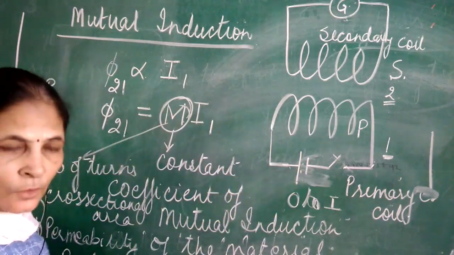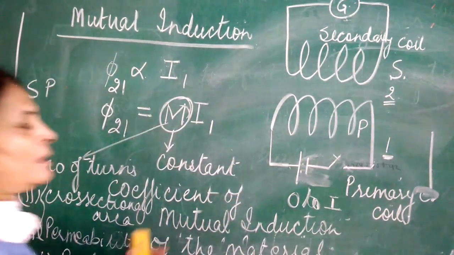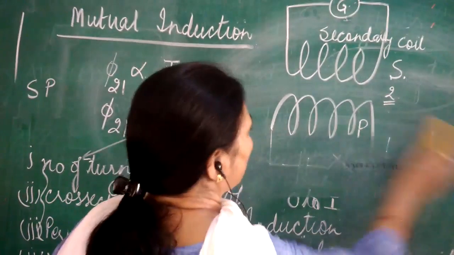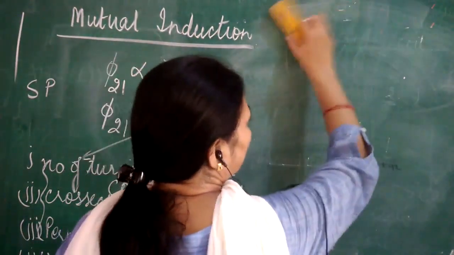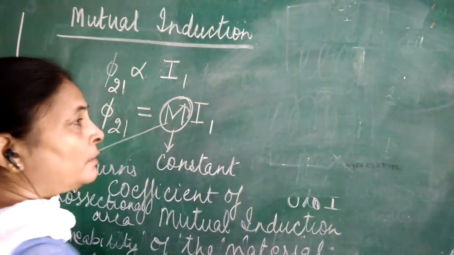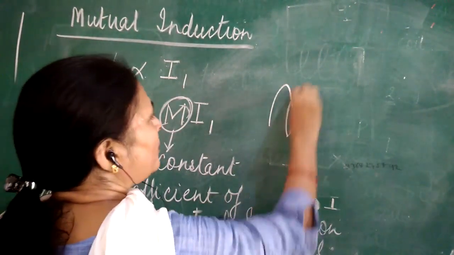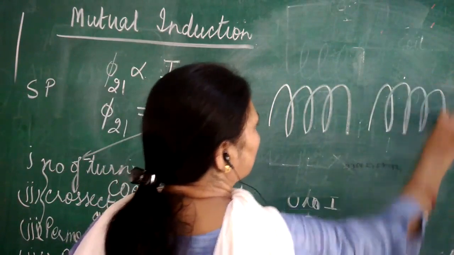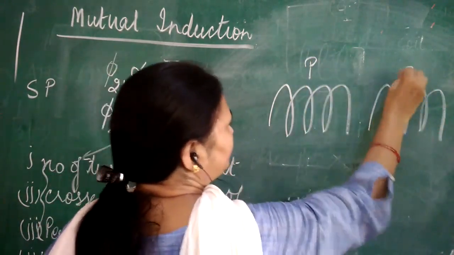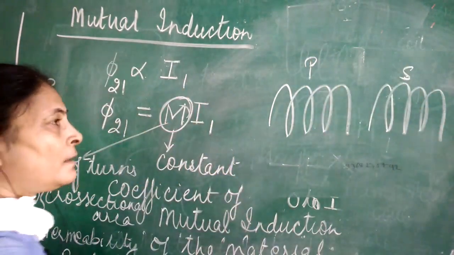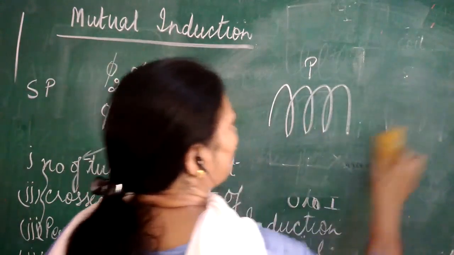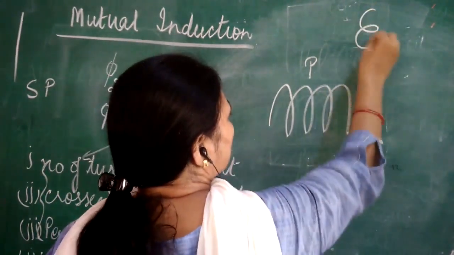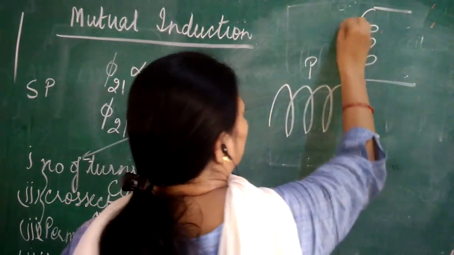See, when we say relative orientation, I'll tell you one or two orientations. One, which we have already drawn. Another is you can have coils side by side like this. Another is you can have coil S like this.